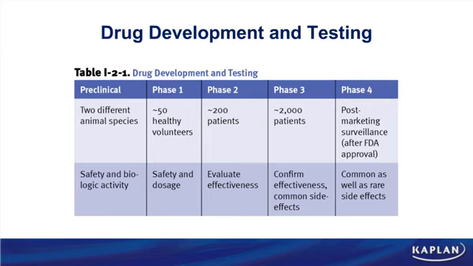When the drug makes it through a phase 3 trial, it undergoes a review by the FDA. If it's approved by the FDA, it then goes into phase 4 trials, what's called a post-marketing surveillance. This happens after the drug has been approved to go out on the market, and now patients are taking this drug and physicians are prescribing it.